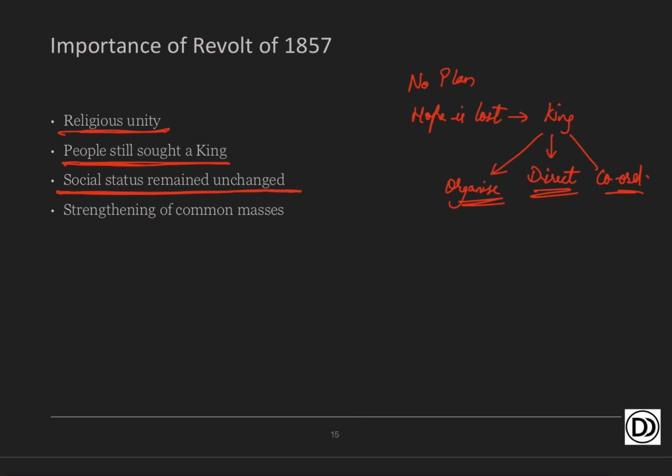And even during the protest and revolt before 1857, people didn't question the king, as we have seen. They fought money lenders, they fought small corrupt officers, police, British factories were attacked, but they never questioned the king. They never questioned that if the king is not able to protect them or their interest, why is the king still sitting as a king?